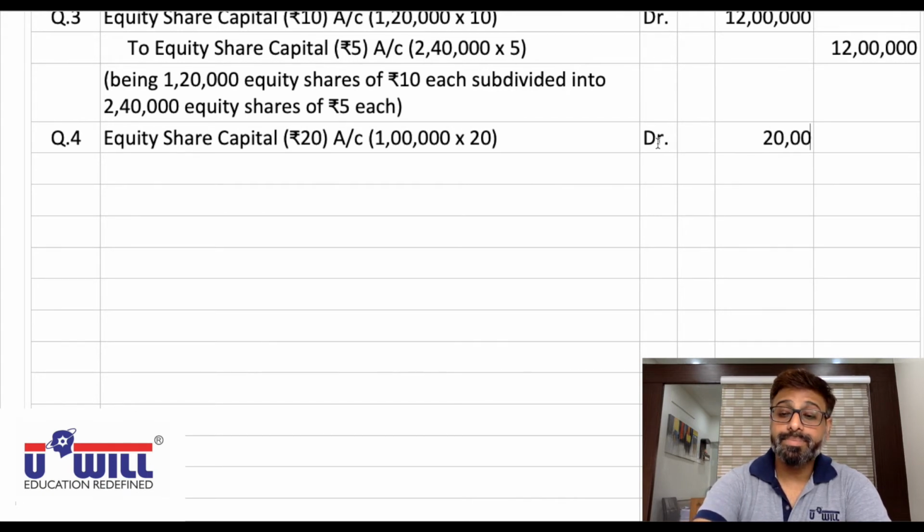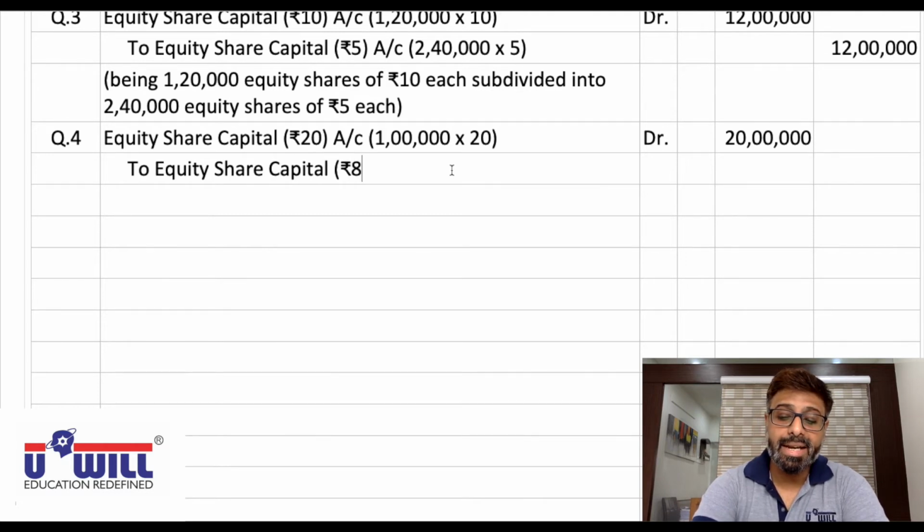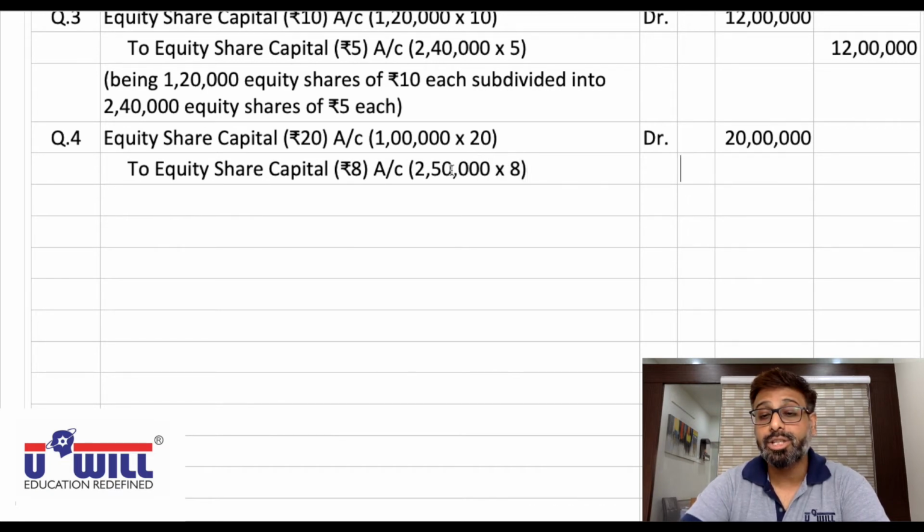And 2, equity share capital with new face value, that is rupees 8 account. Now after dividing by 8, you'll have 2,50,000 equity shares of rupees 8 each. Value will remain same, that is 20 lakhs.